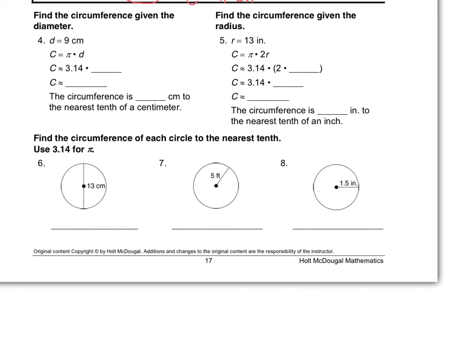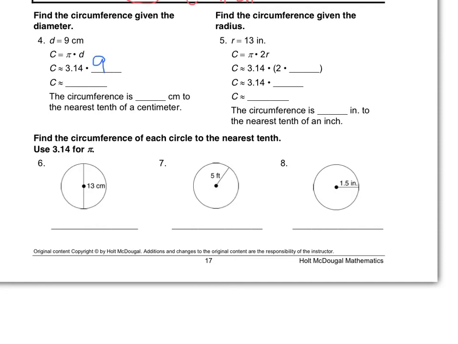Okay, let's give number 4 and 5 a shot. I know that my diameter is 9 centimeters. If I remember my formula, it's going to be circumference is equal to pi times diameter. We're going to use the approximation 3.14 for pi and plug in my diameter, which was 9.